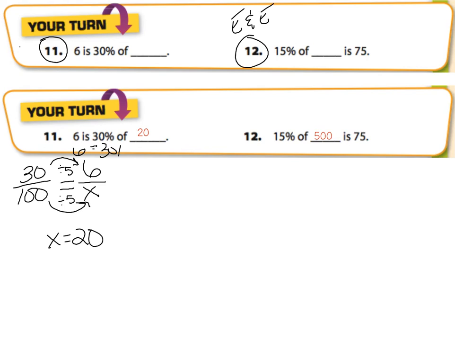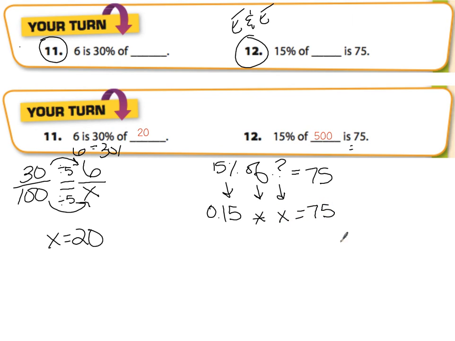Here, with the equation, 15% of something equals, so is our equals, 75. So 15% I know has to be changed to a decimal. Of tells us to multiply. When we don't know the number, we use a variable, and 75 is what it is.